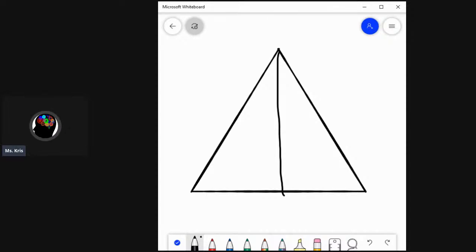Which simply says if the hypotenuse and a side are congruent, then corresponding parts of congruent triangles are congruent.